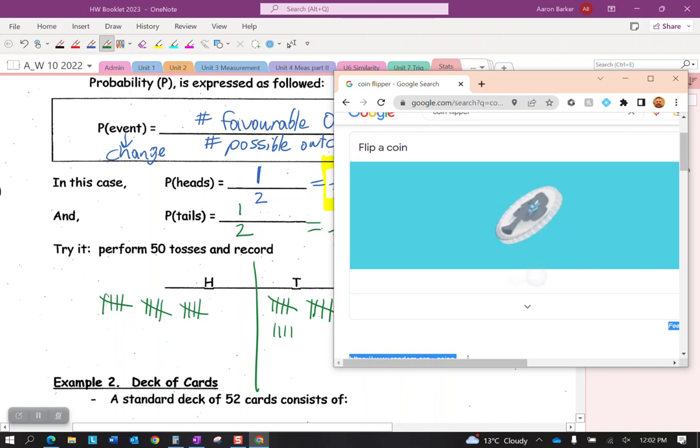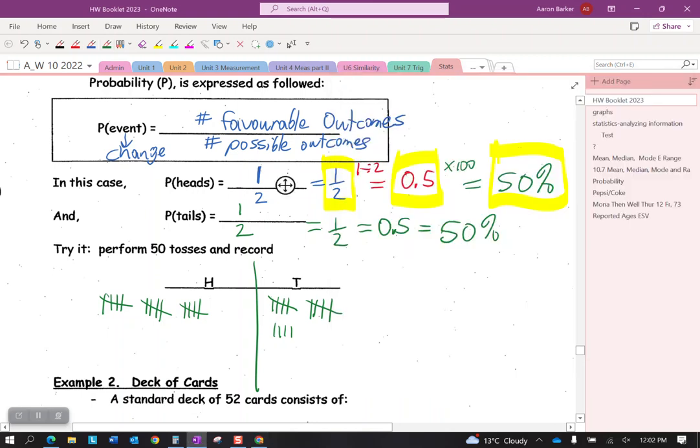Heads. Tails. Heads. Heads. Tails. Heads. Okay, what do you guys got?